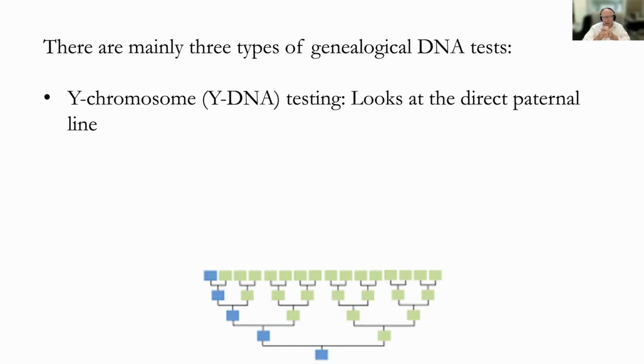In other words, if you're going to try to establish that a grandfather back a number of generations is your grandfather and the records are not clear, the idea here is to get a few people, it doesn't take too many, who are also assuming they are direct descendants from that particular ancestor. And then you get the Y-DNA test.